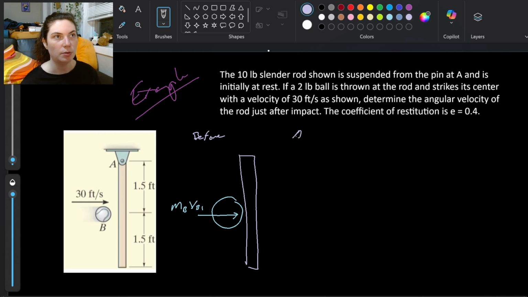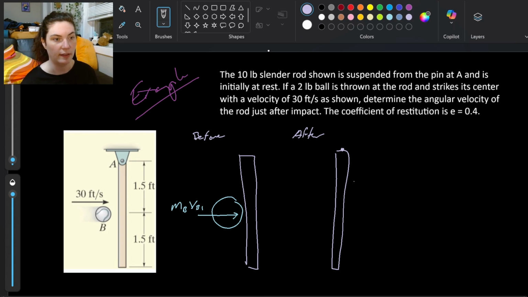It's our after that we're trying to figure out. If we look at our after, and I draw my rod again, my rod is now moving. That ball is pressed up against it and then is going its own way. So now this rod has a velocity, and because it's fixed at the top up here, it has an angular velocity as well.